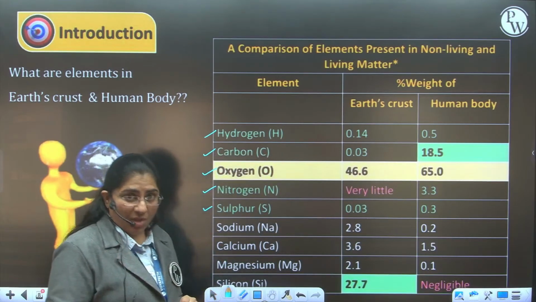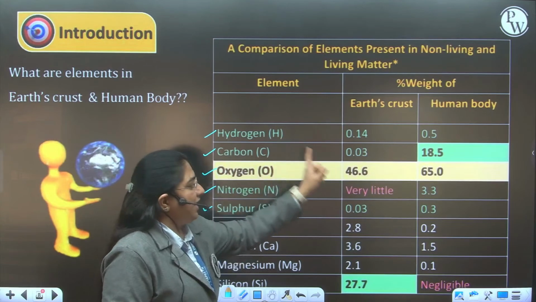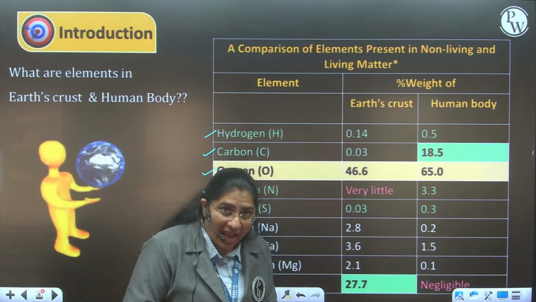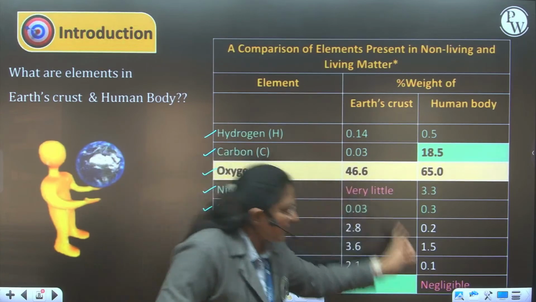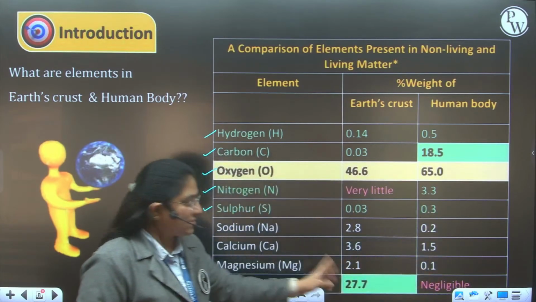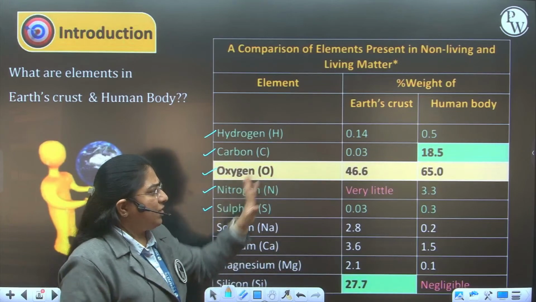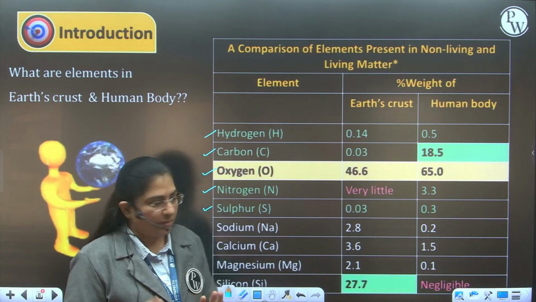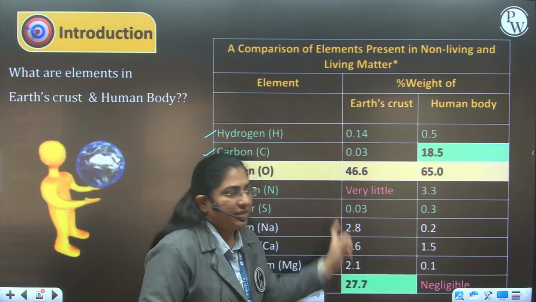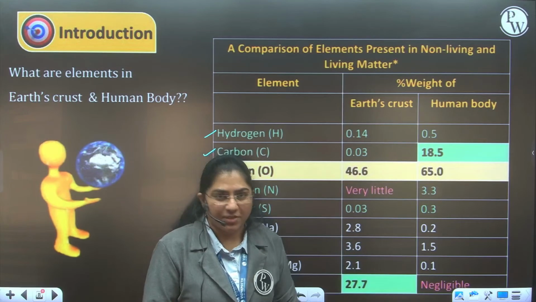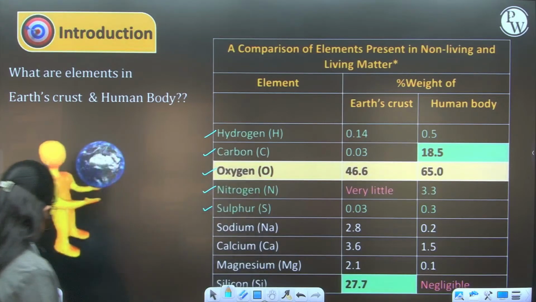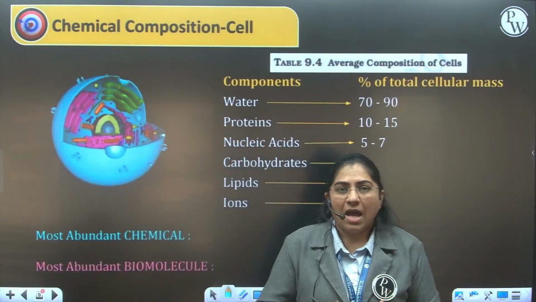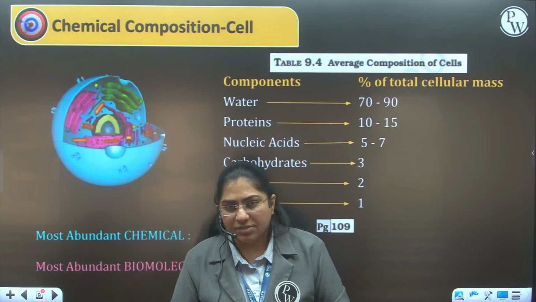Also, we need to remember that nitrogen is very little in the Earth's crust as compared to the human body, and silicon is a negligible amount in the human body as compared to the Earth's crust. We do not need to remember all the values because they've never been asked in the MCQs in NEET. But the most abundant and the least abundant is important to remember. Done? So let's proceed.